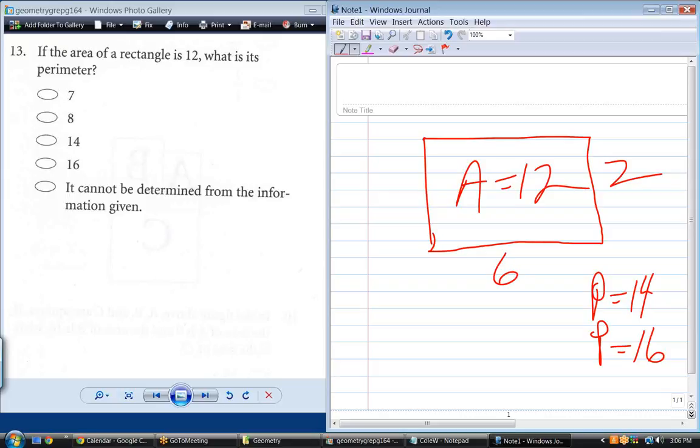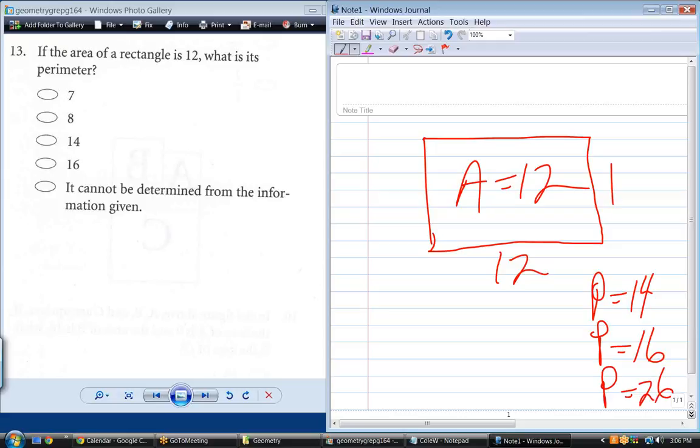I've probably told you this before, but never choose that as an answer. Well, this is the one problem that I've seen where that is the correct answer. Notice that it could also be 12 times 1, which would be a perimeter of 26.